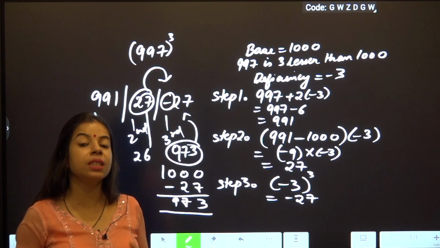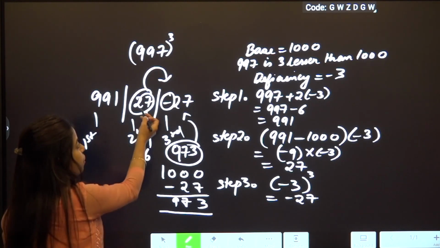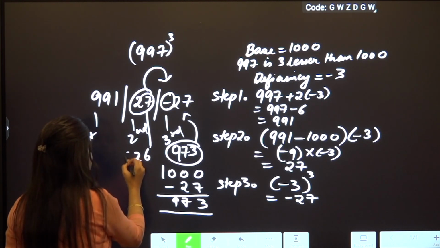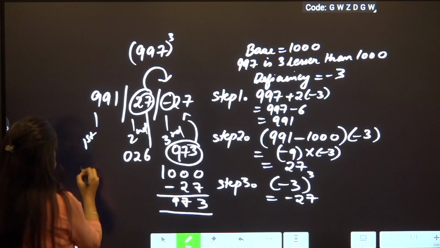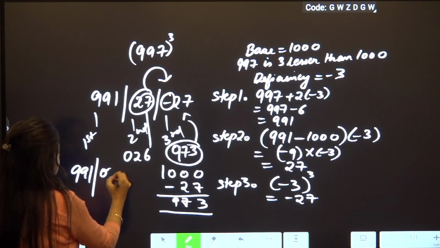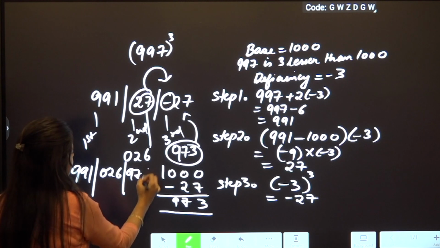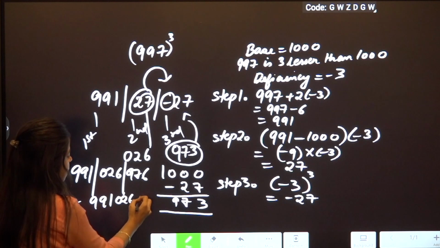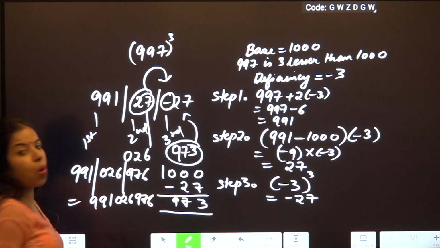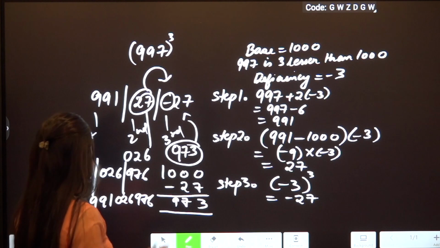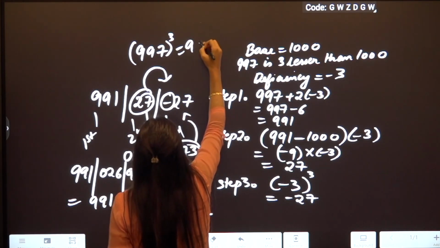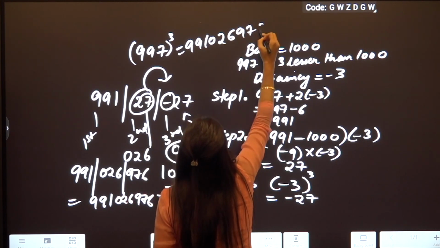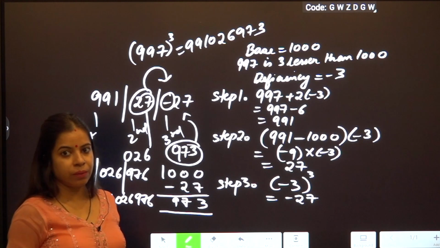Number of zeros in 1000 are 3. So, instead of writing 26, we are going to write 026. So, the final answer will become 991,026,973. So, the cube of 997 is 991,026,973.